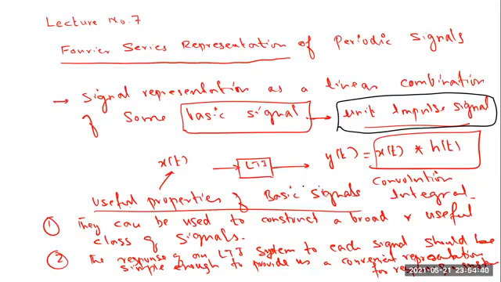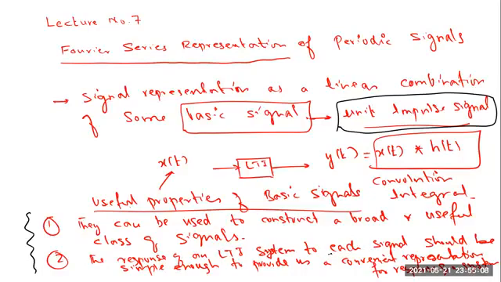So now if I want to select some other basic signal, it should have these two properties. So we will talk about these two properties in this lecture. But let's first of all look at the second property, which is the response of an LTI system to each signal.